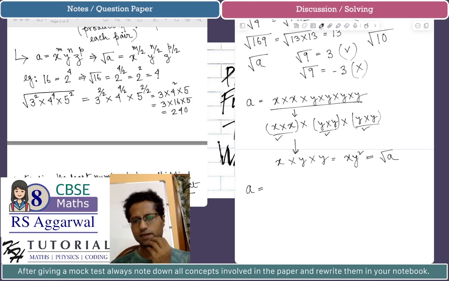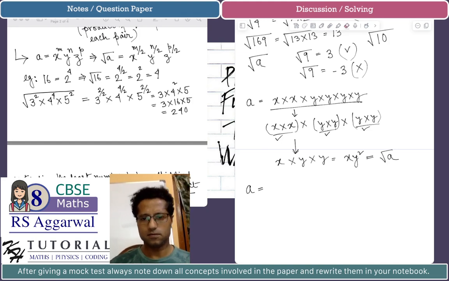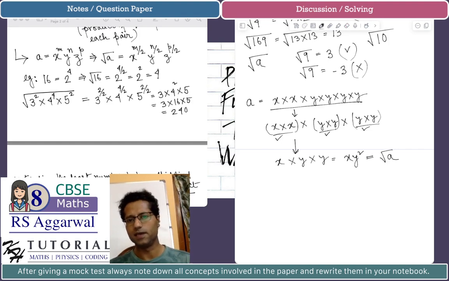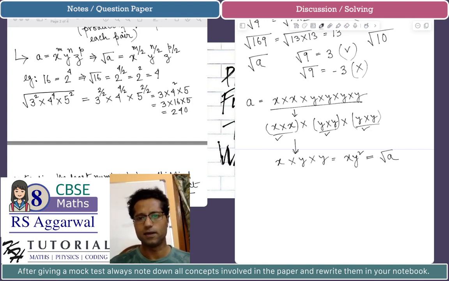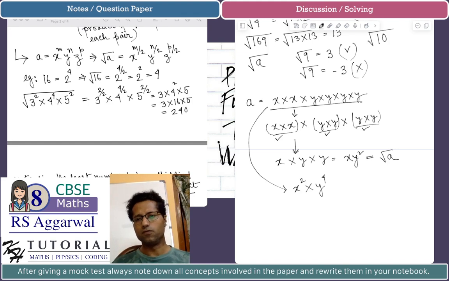Let's take this example only. Let's say A is coming out to be x into x into y into y into y into y. I will group the same factors with the power. So we have x square multiplied by y to the power 4.